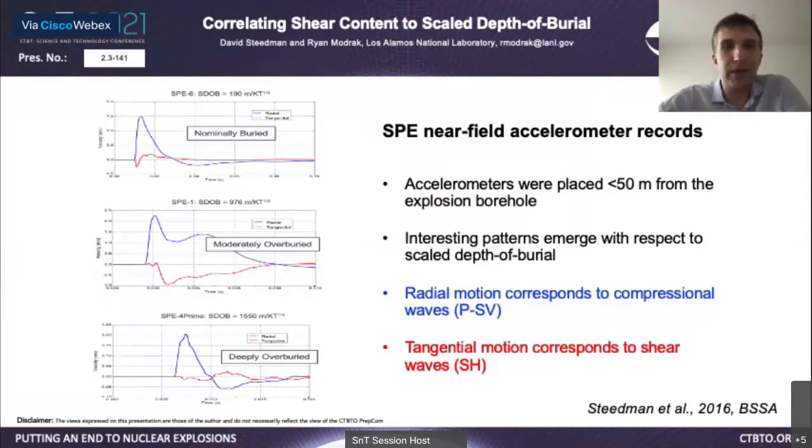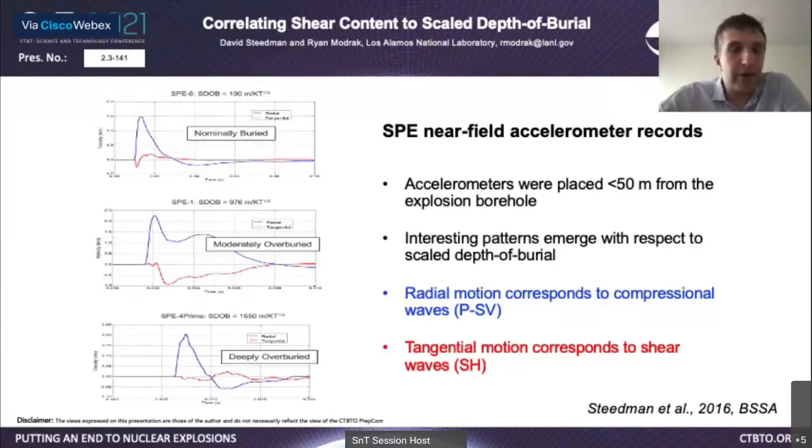And so to give one example, here we are looking at some near field time series from accelerometers placed less than 50 meters from the center of the borehole. In just a moment, I'll zoom in on each of these 3 panels to give a better view. But for now, even just at a very quick glance, 2 significant things jump out. The first thing is that moving from underburied at the top to overburied at the bottom, some fairly strong patterns emerge.